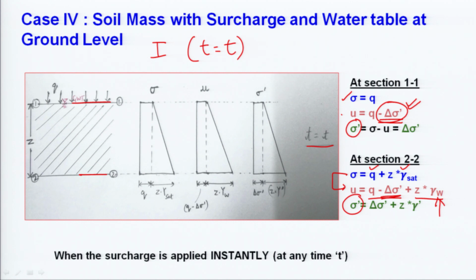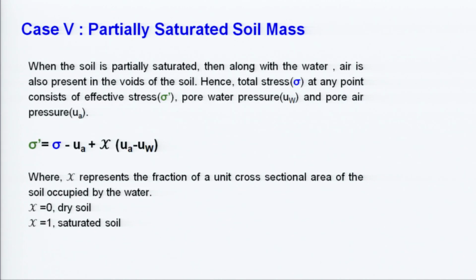So when we talk about some instant time, this delta sigma dash plays an important role. When we talk about the partially saturated soil mass, understand here that saturation is not equal to 1, it is something less than 1.